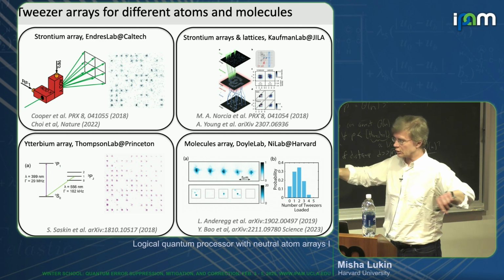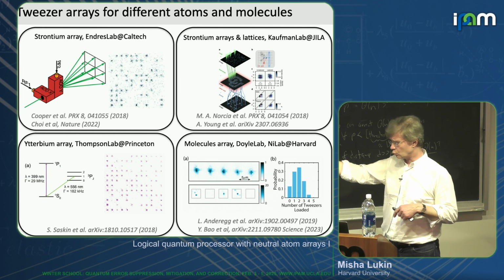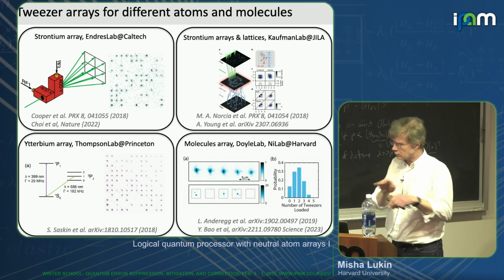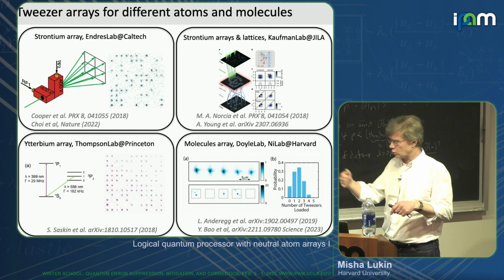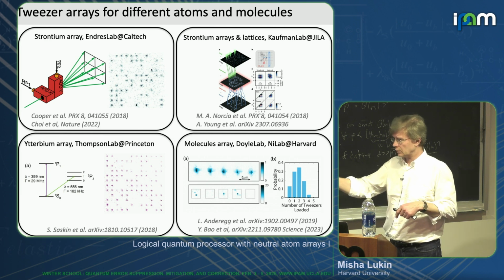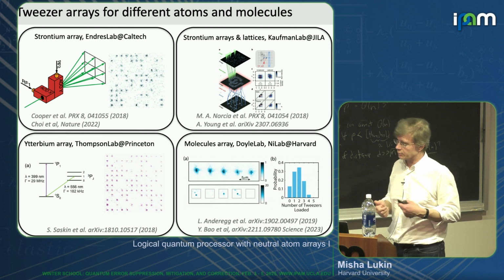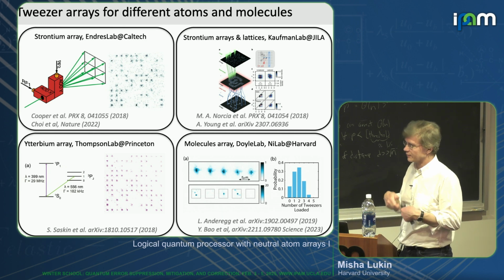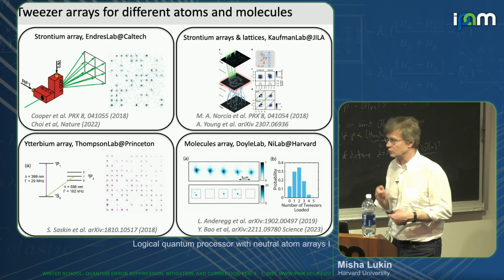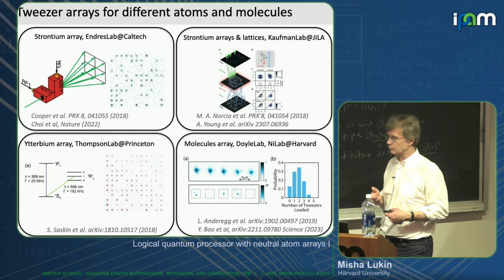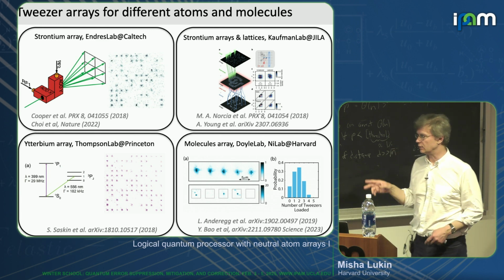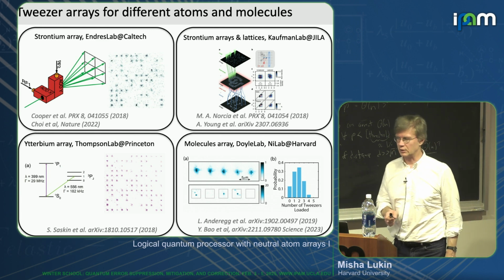That's why you would like to decouple them. Right now in most of the experiments today, you create a MOT, switch off all of the MOT infrastructure, and then just do things with the built array. But in practice, in the future, or actually in the very near future, you need to do these things in parallel. You need to bring fresh atoms and refill the arrays. We can maybe talk a little bit about that.